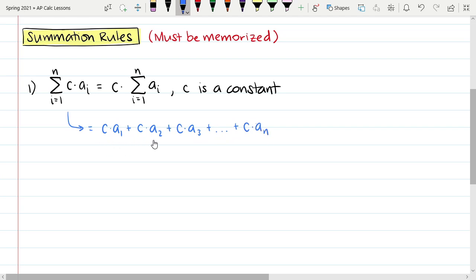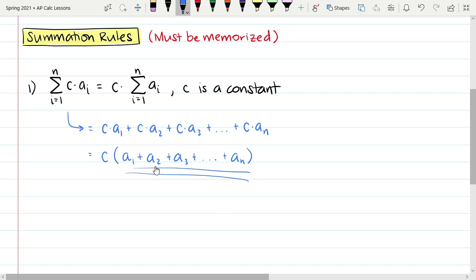And you'll notice every single term contains a c. And so that means we'd be able to factor out the c, and that's going to leave us with c times the quantity a sub 1 plus a sub 2 plus a sub 3 plus dot dot dot plus a sub n. And that expression inside the parentheses is just what the summation of a sub I is equal to.